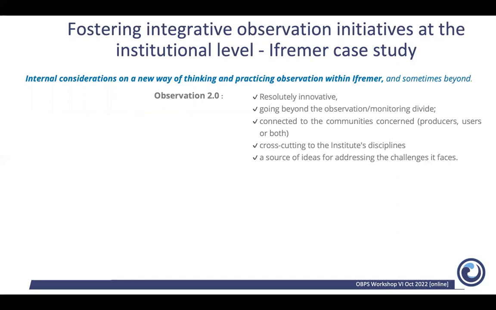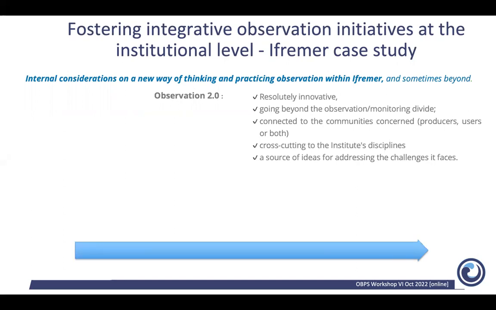We wanted the new way of thinking for observation really connected to the community concern, meaning the producers, the users, and sometimes both. And we wanted to have these cross-cutting initiatives to institute discipline, and we wanted the observation to be a think tank for addressing the challenges it faces.